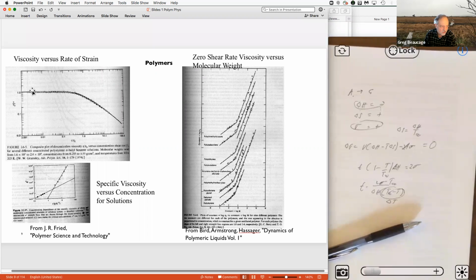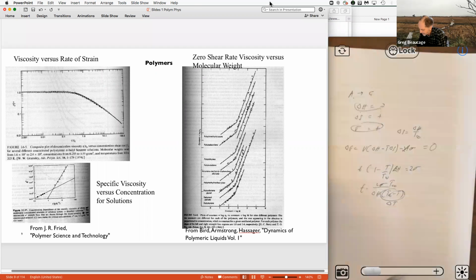So the viscosity doesn't depend on shear rate in this region. That's this eta 0 number, the zero shear rate viscosity. It's not always this clean. Usually this tail-over part is buried at the lowest frequency you can measure, so you can't exactly observe it. There's a function that will fit this curve that can give that to you. Then you can measure this zero shear rate viscosity as a function of molecular weight.